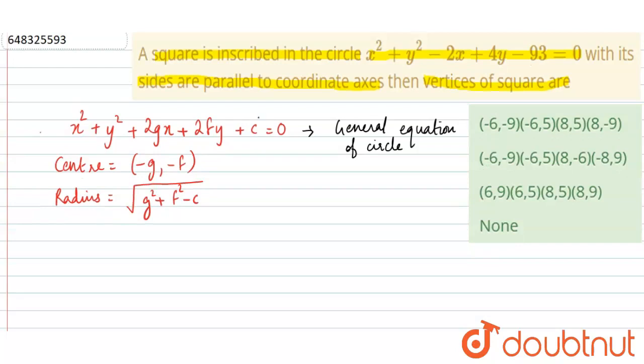Now comparing this general equation with the given equation, we see here that 2g is equal to minus 2 and 2f is equal to 4.